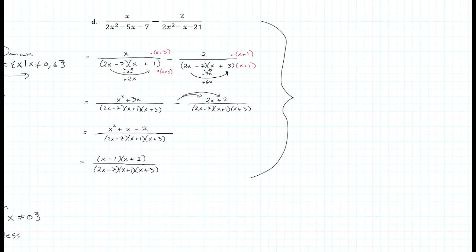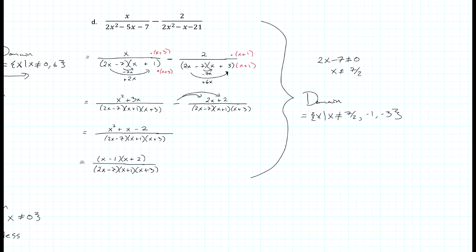The domain is always, for this problem at least, the set of x such that x cannot equal, the 2x minus 7 cannot equal 0. So add the 7 and divide by 2, x cannot equal 7 halves. And then it also cannot equal -1 or -3 from the other two that we see here.